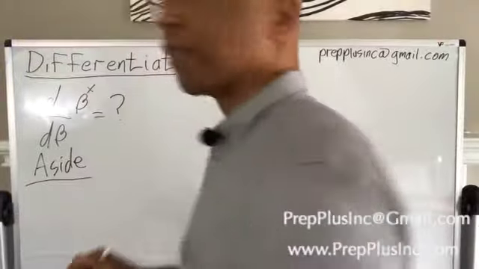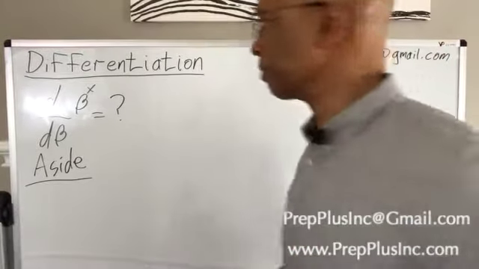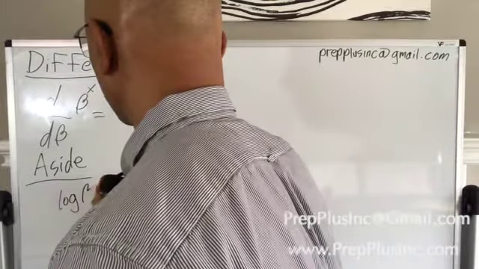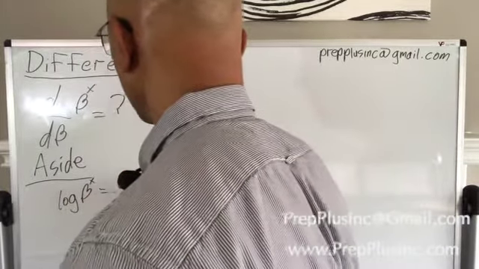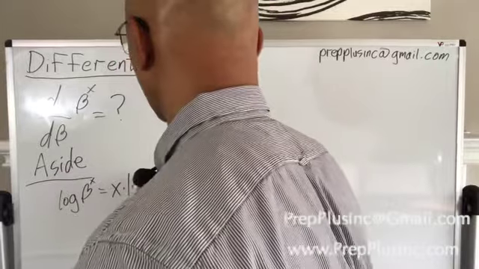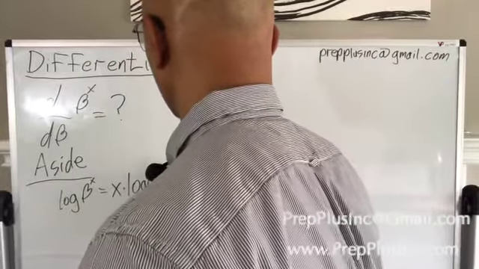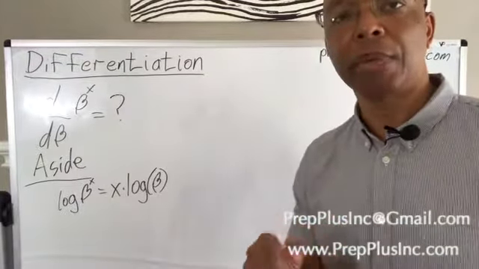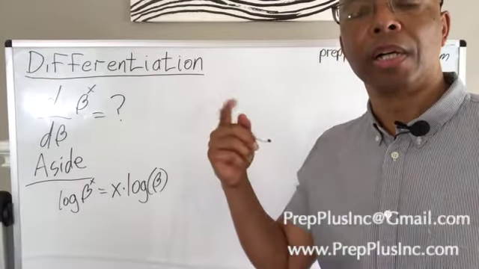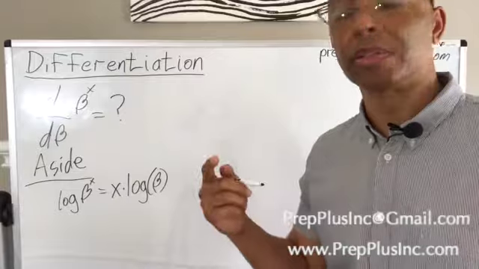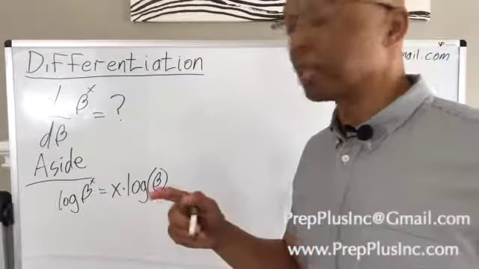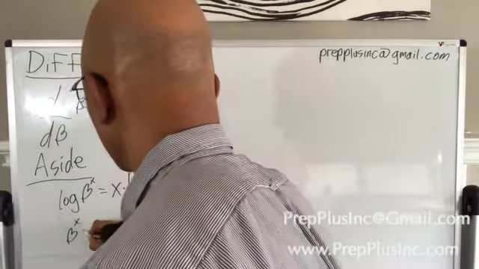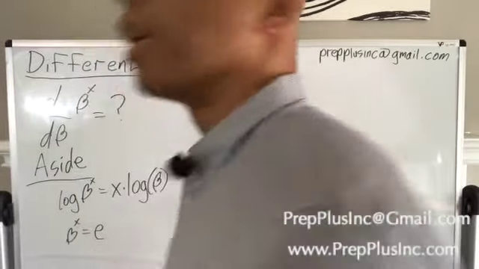And we know that from the laws of logarithms, the logarithm of beta to the x is x times the logarithm of beta. Okay? So that means e raised to that logarithm is the thing that we're interested in. So that means beta to the x equals e.